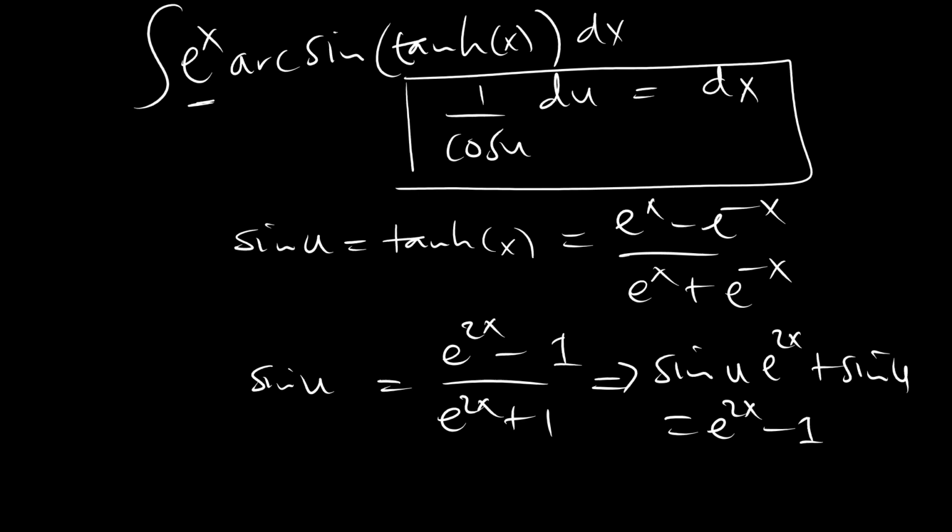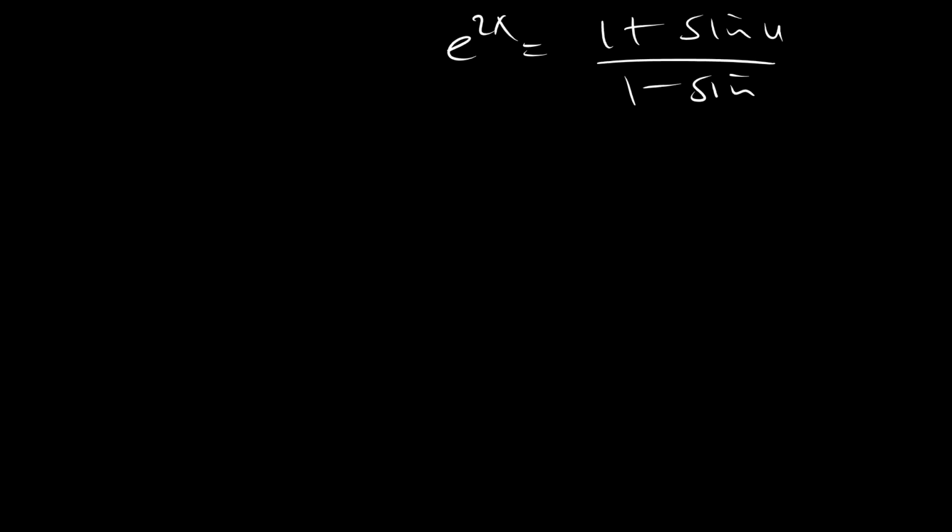And that means that e to the 2x times (1 minus sine u) is equal to 1 plus sine u. And that means that e to the 2x is equal to (1 plus sine u) over (1 minus sine u).